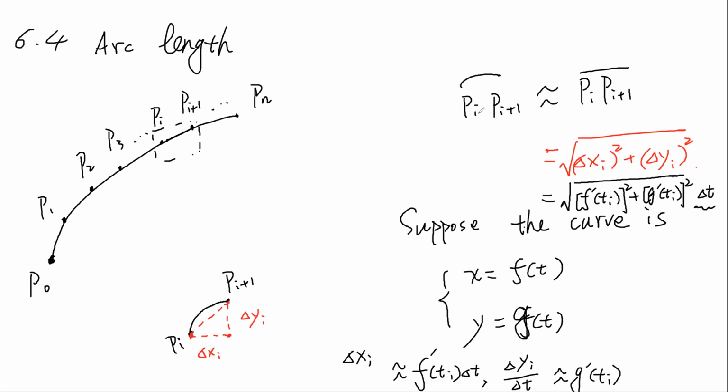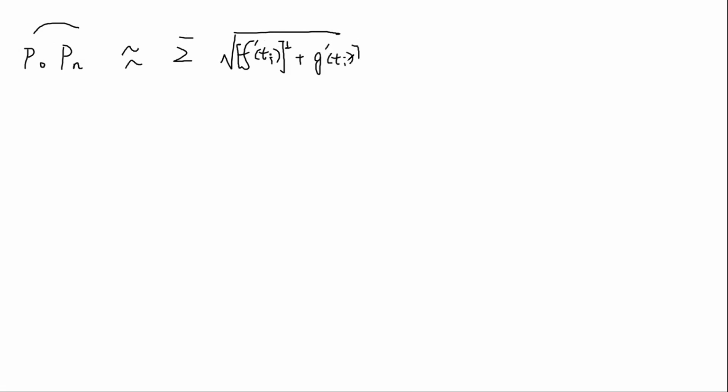And this is just the length of this piece of the arc. So the length of the whole arc is approximately the sum of the square root of f prime t_i squared plus g prime t_i squared, times delta t, where i goes from 0 to n minus 1.